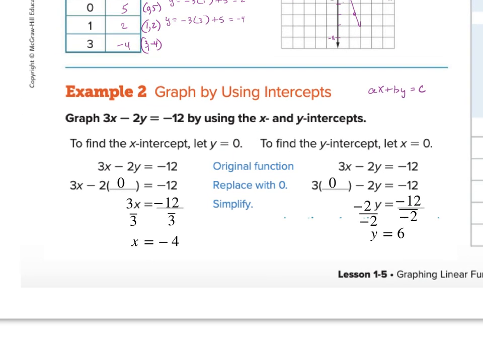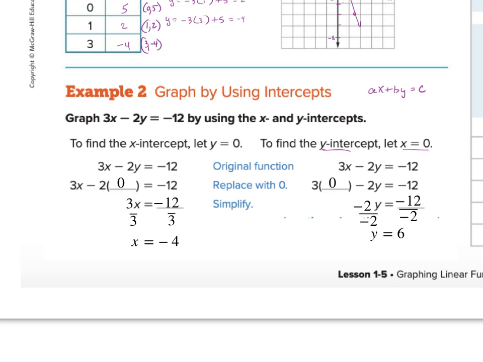When y is 0, we have an x-intercept. When x is 0, we have the y-intercept. So we just take the equation and we plug a 0 in for y, which would leave 3x equals negative 12, divide both sides by 3, and x is negative 4.